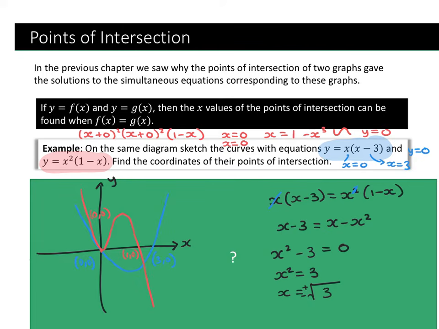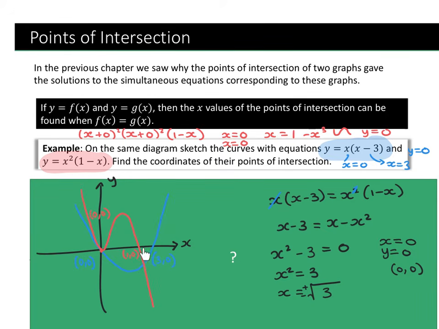Now, we also know that they intersect at 0, 0. Okay? So we know that x can also equal 0, and y can equal 0. Okay, but now if we look at the graph, x actually here is a positive.